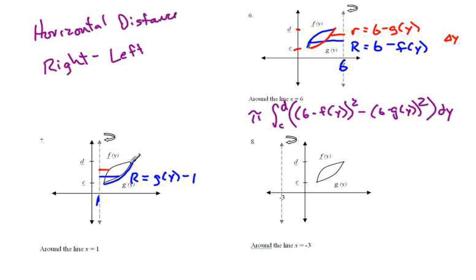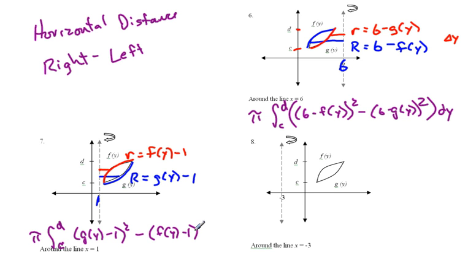My little radius is little r, and that's going to be my right function, f of y, minus 1. And so my integral is pi, the integral from c to d, g of y minus 1 squared, minus f of y minus 1 squared, the whole thing, times dy.